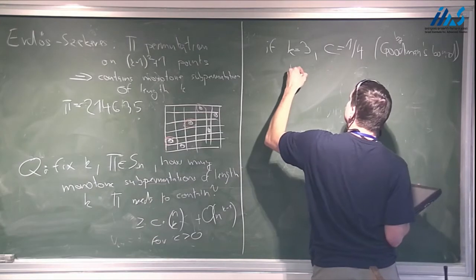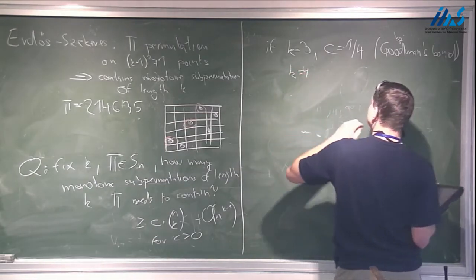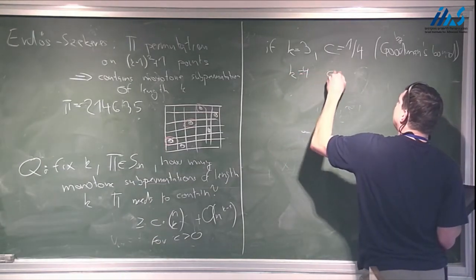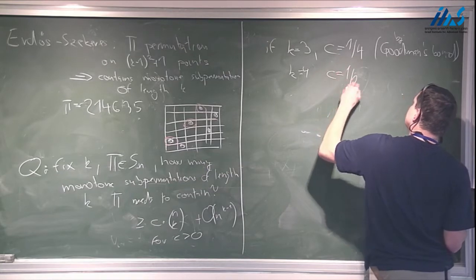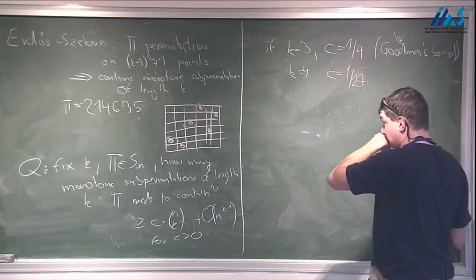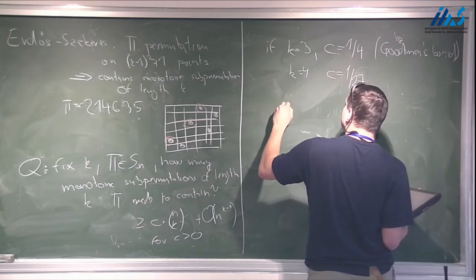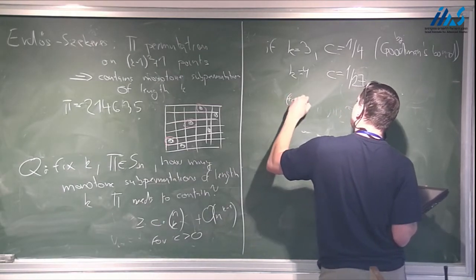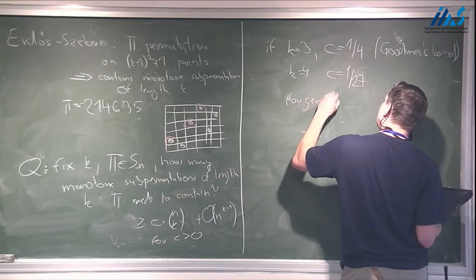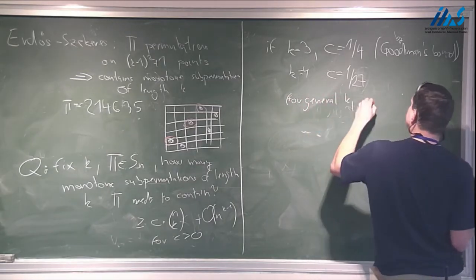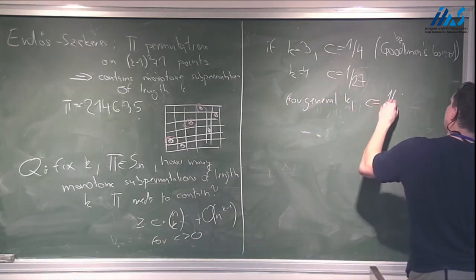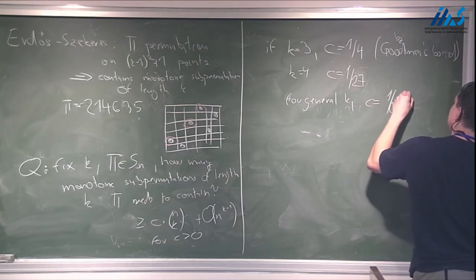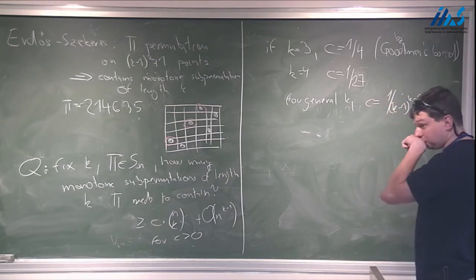If k is equal to 4, we know that the answer is 1/27, and in general, we believe that the answer should be 1/(k-1)^(k-1).